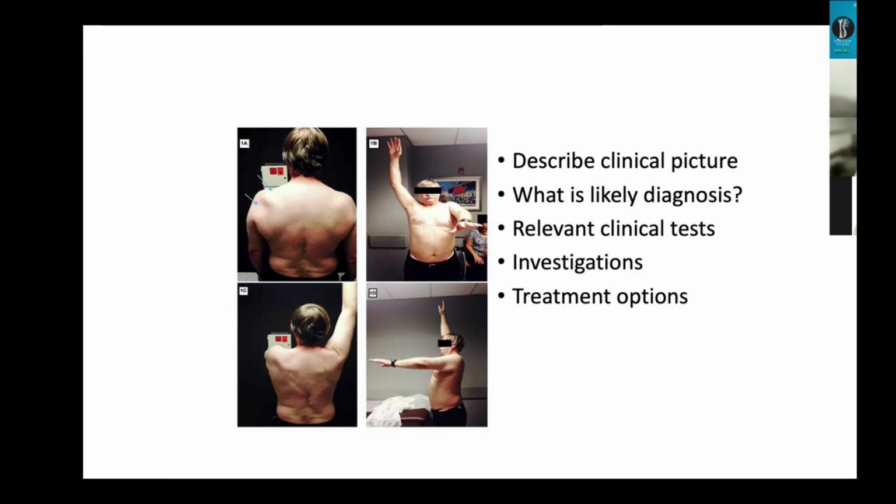Correct me if I'm wrong, it sounds more like a frozen shoulder picture than a rotator cuff type picture, if he's stopping at about 90, but passively we can get him over. In terms of abduction, his internal rotation is normal. His external rotation is not really affected. So sorry, that sounds more like a rotator cuff type injury.